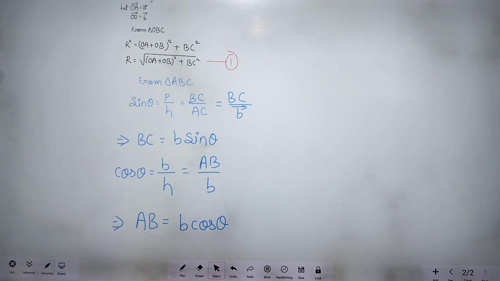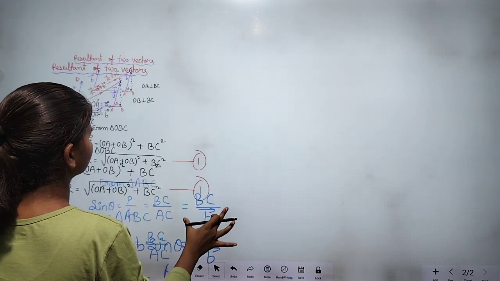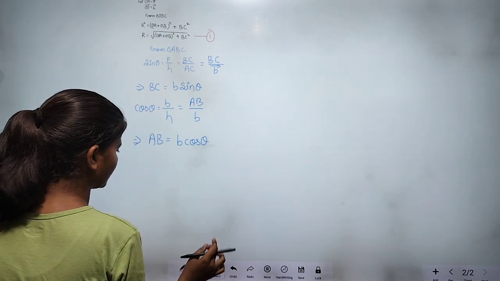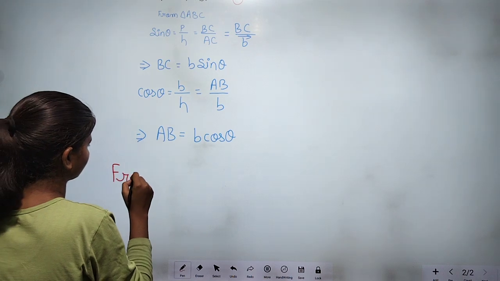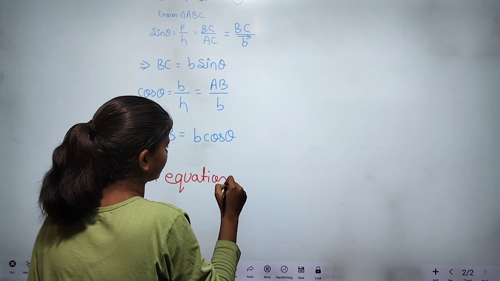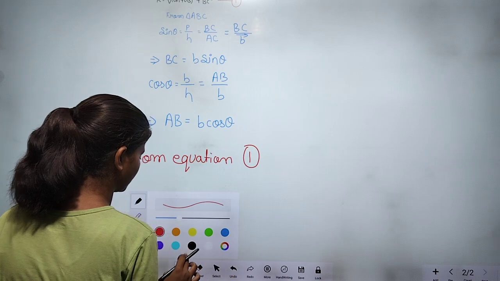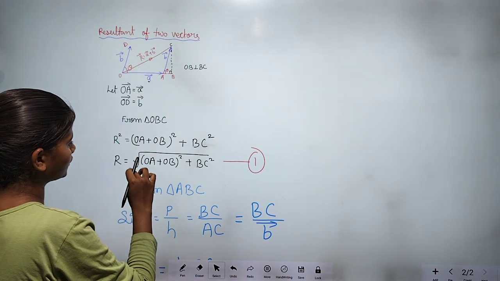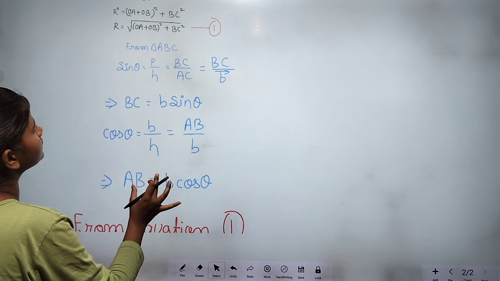Now from equation first, here we can write from equation first, this one is our first vector, that R is equal to root under OA plus OB square plus BC square.